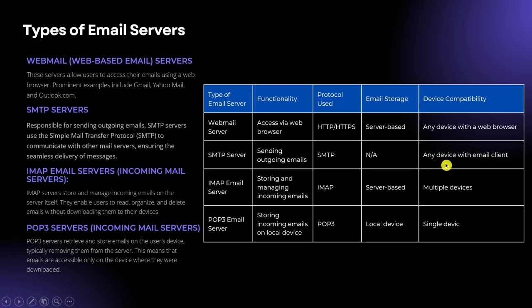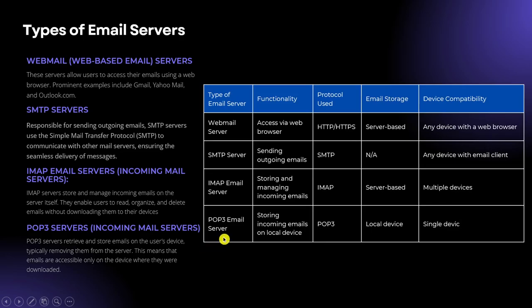Any device with an email client can access these emails from the SMTP server. The IMAP email server stores and manages incoming mails, the protocol is IMAP, and it's server based and supports multiple devices. The POP3 email server stores incoming emails on the local device. You can see the difference between the other mail servers and POP3 email servers: email storage is on the local device. So these are the different functionalities of these mail servers.